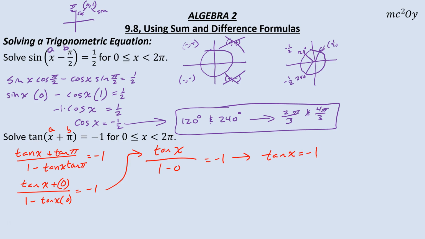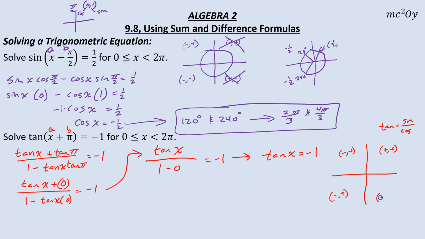So where does tan x equal negative 1? Once again, think to your unit circle. Tangent is the same thing as sine over cosine. And so sine over cosine, we're trying to make a negative here. So we would have to have a negative sine over a positive cosine, or a negative cosine over a positive sine. So we need somewhere, a quadrant, where we have a negative positive or a positive negative. And that only happens in 2 quadrants.